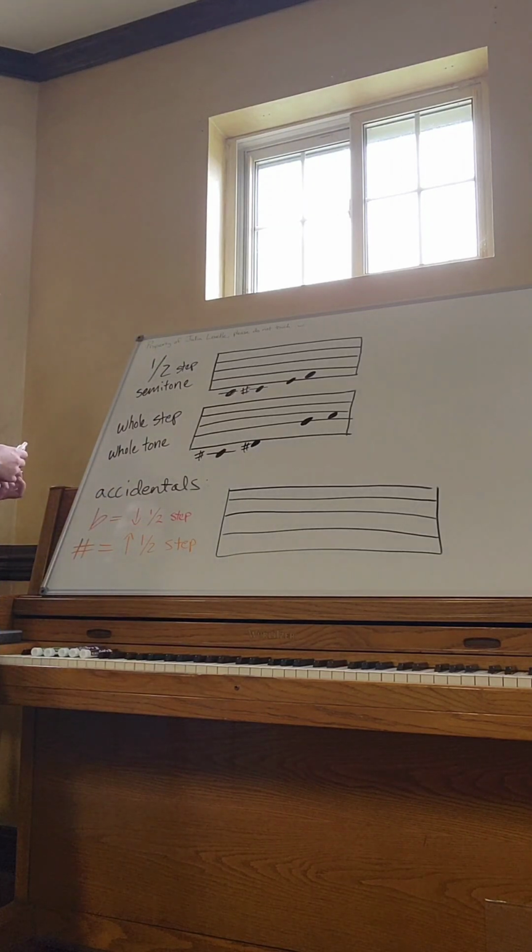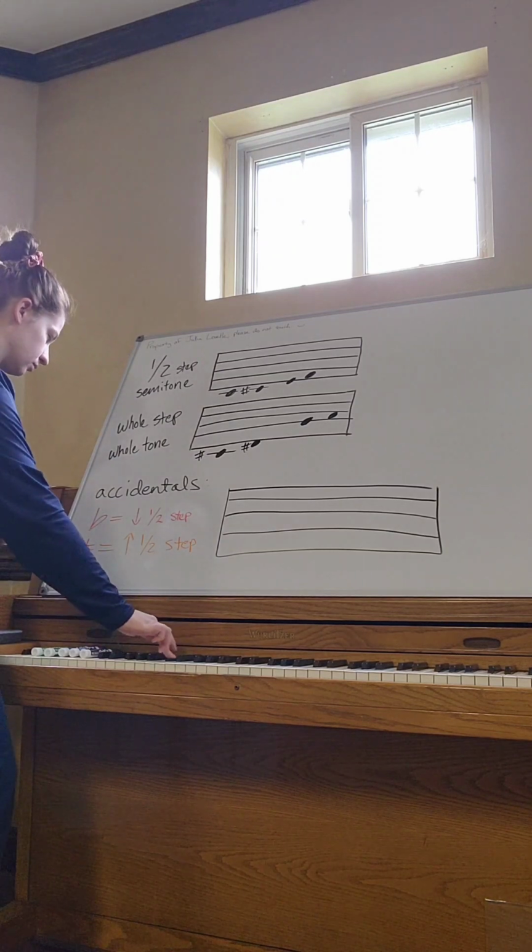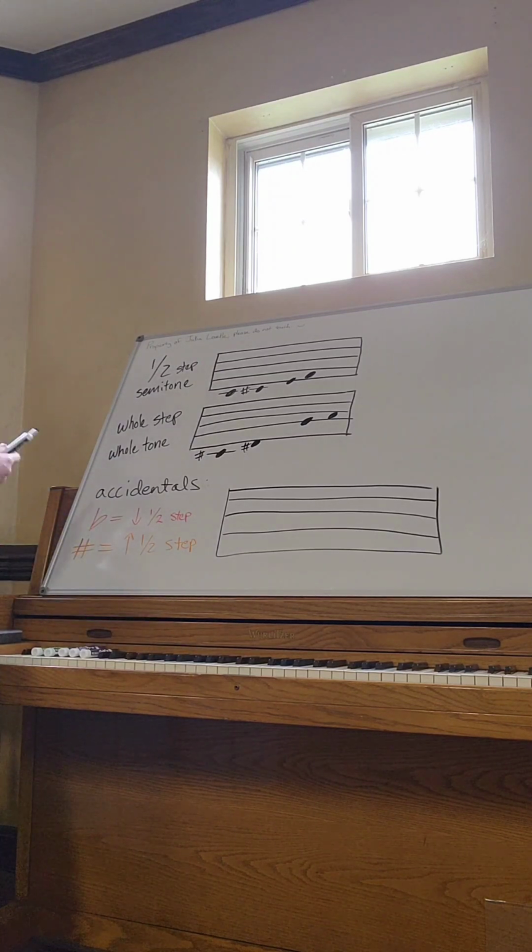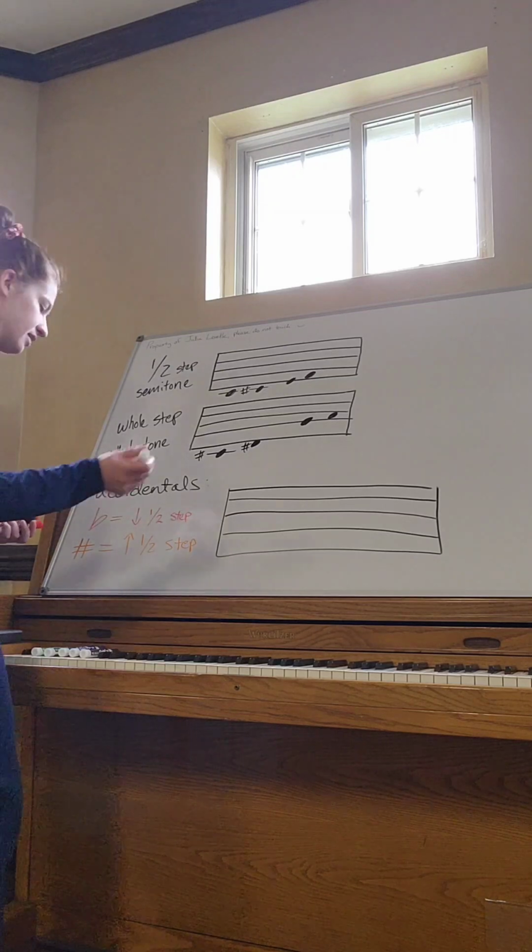So, now talking about accidentals. An accidental denotes whether the pitch of a note is lowered, flat, or raised, sharp, by a half step. For example, the black key between C and D could be called C sharp or D flat depending on context.